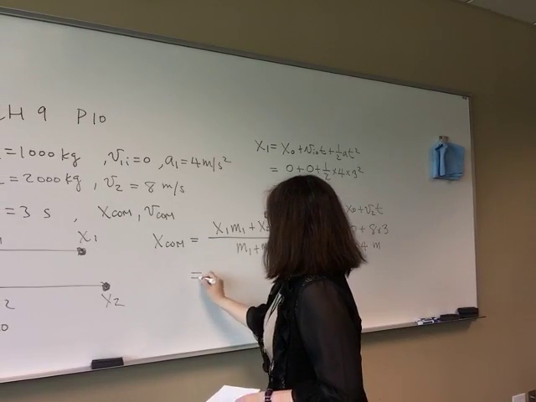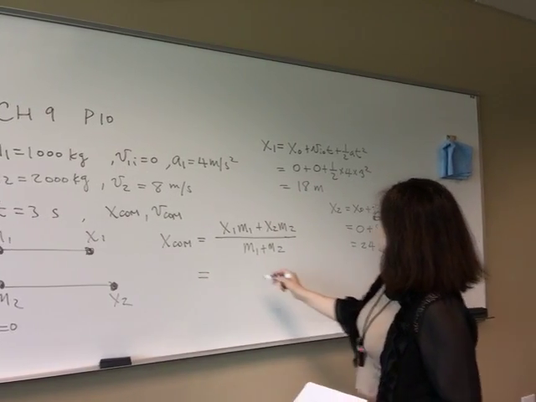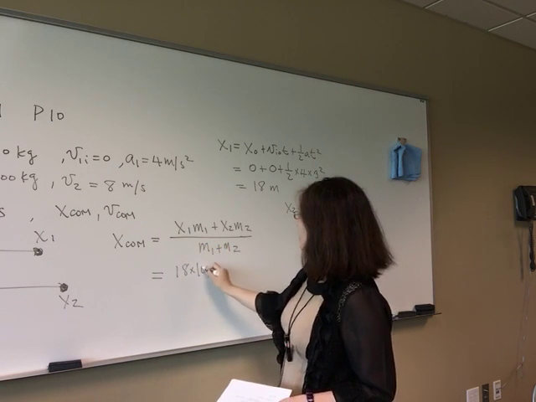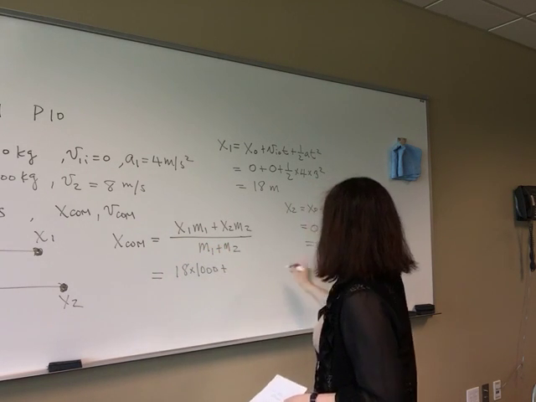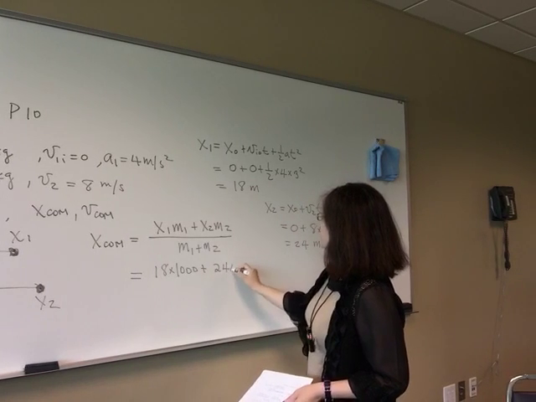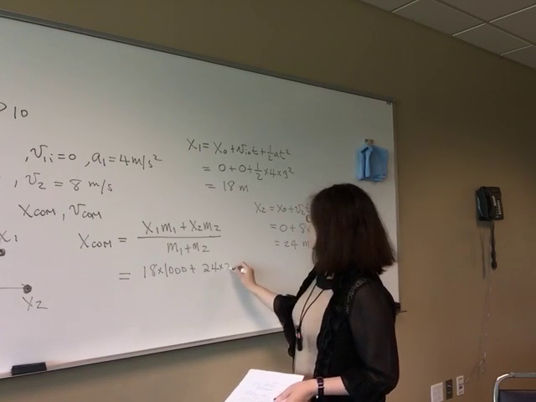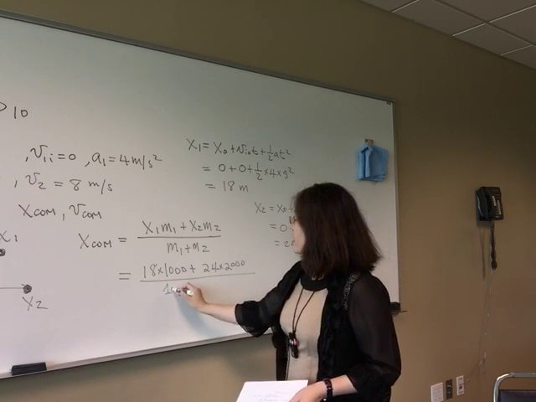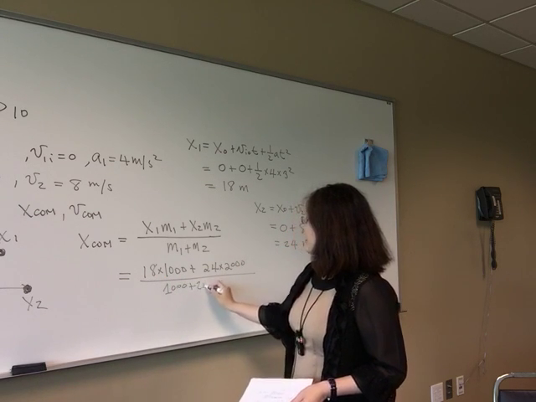We have all the information we need, so we just plug into this equation. You have 18 times your m1, which is 1,000, plus your x2, which is 24, times the m2, which is 2,000, and the combined mass is 1,000 plus 2,000.